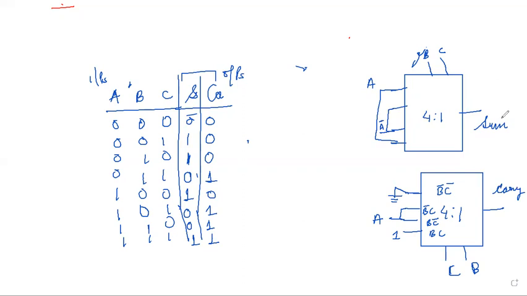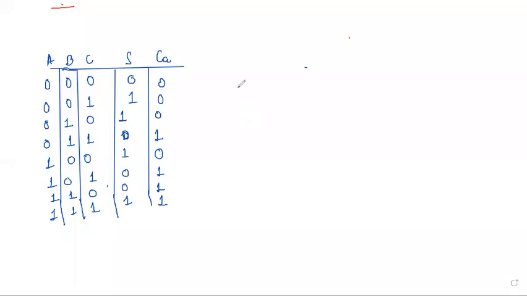Now we are going to do the implementation of full adder using 2:1 mux. That is, we are going to reduce the expression in two variables. Let's see how we do that. So what are the variables I want to reduce in? Let's say I want to reduce it in A and B, starting from the MSB.